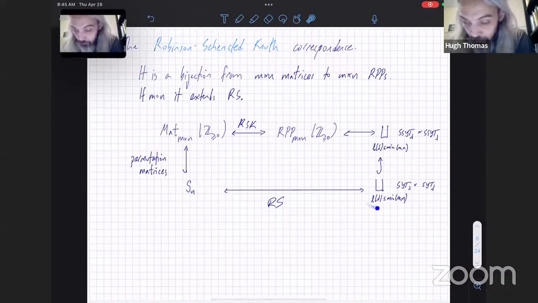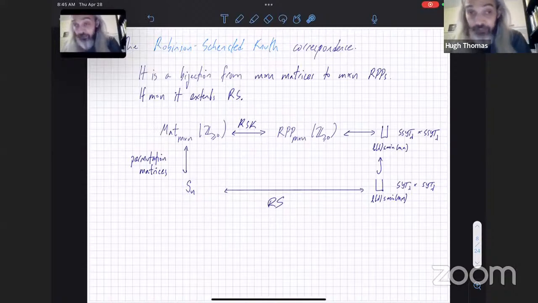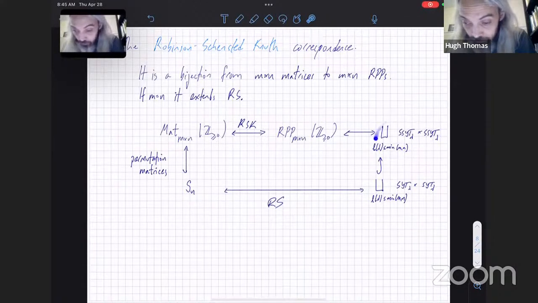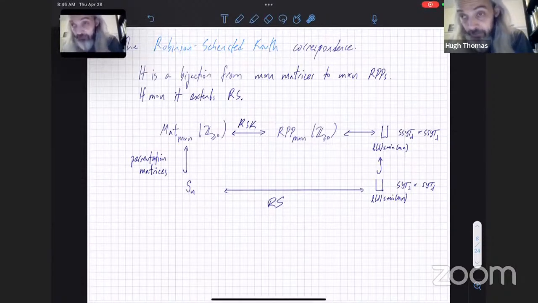How about a pair of standard Young tableaux? Well, a thing that I can obviously do to generalize a pair of standard Young tableaux is to say I could have a pair of semi-standard Young tableaux. And that's in fact what we want over here. And it turns out that reverse plane partitions correspond bijectively to pairs of semi-standard Young tableaux of the same shape.